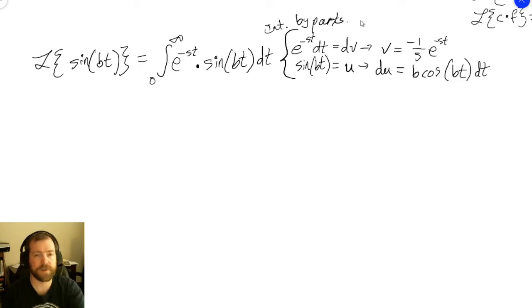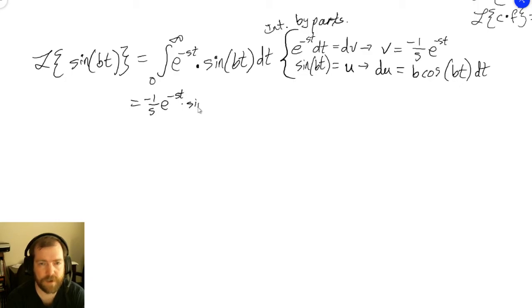All right, so do integration by parts on this, and we end up with uv, so again, these two pieces: negative 1 over s e to the negative st times the sine of bt, evaluated t goes from 0 to infinity, minus the integral of v du.